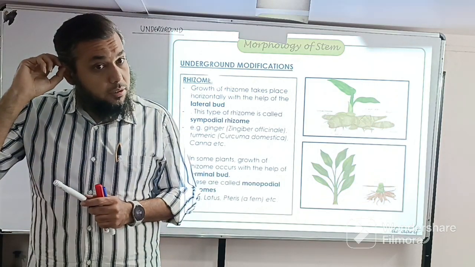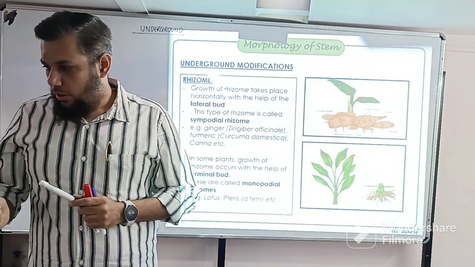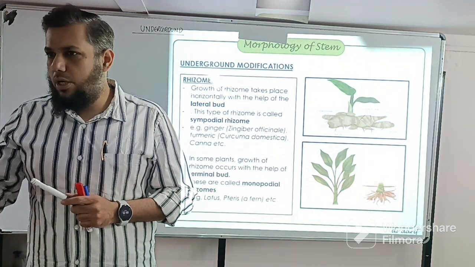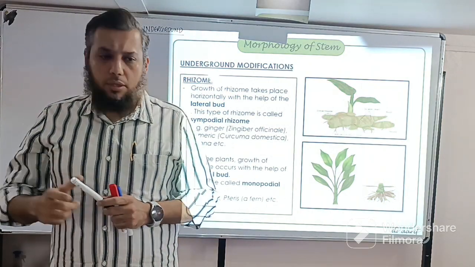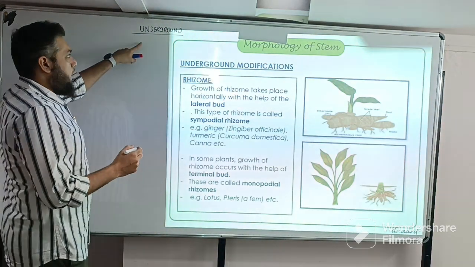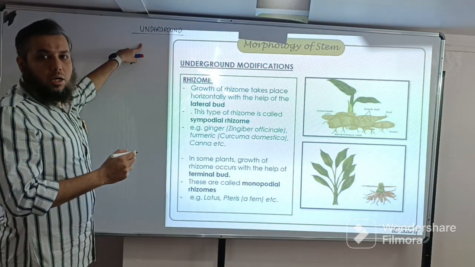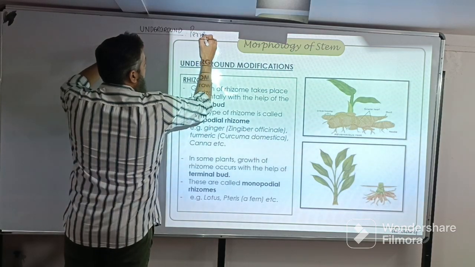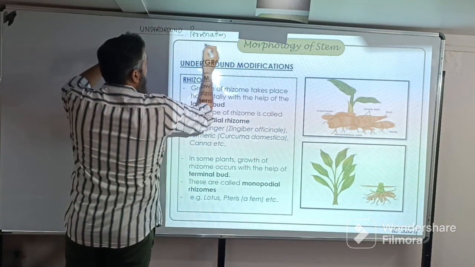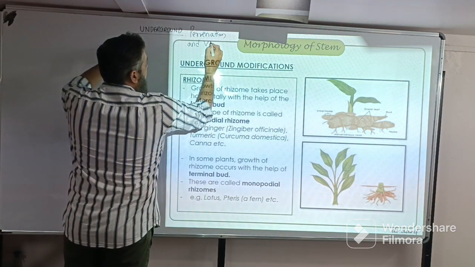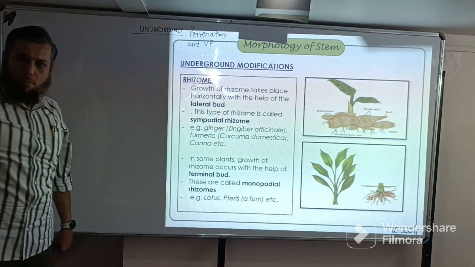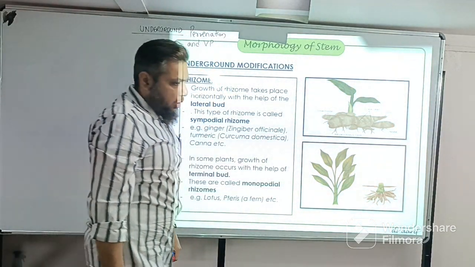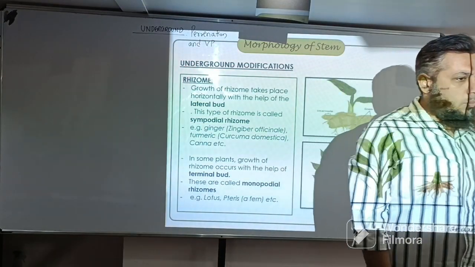For which functions? Vegetative propagation. New words, or you know their meaning already? So the stem has become underground for perennation and vegetative propagation.